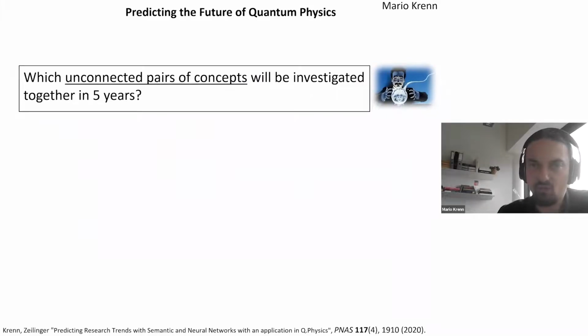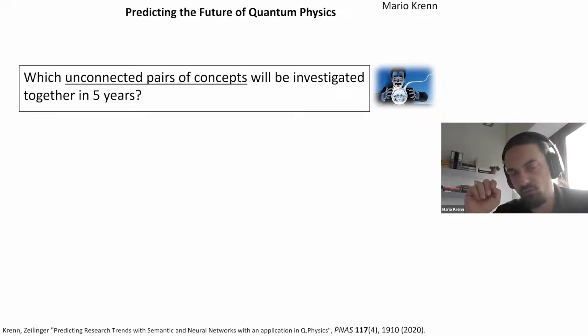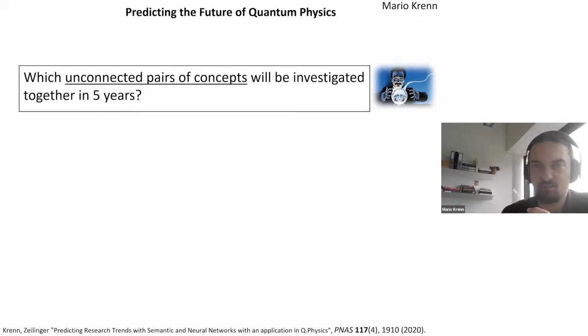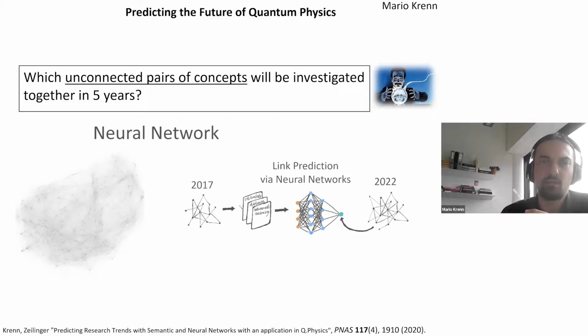So basically, the question is, can we predict what scientists will do in the next 5 years that they have not done yet? And reformulated in network science, we can ask which unconnected pairs of concepts, so unconnected means they have never been investigated in a paper together, which of those unconnected concepts will be investigated in the next 5 years? And of course, we can use a neural network to answer that question.